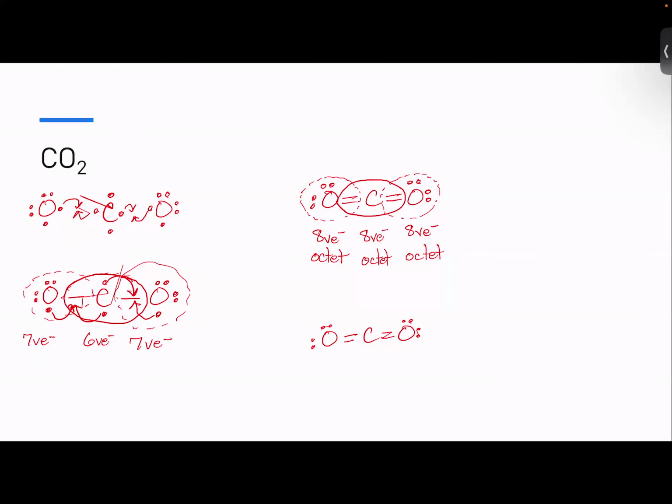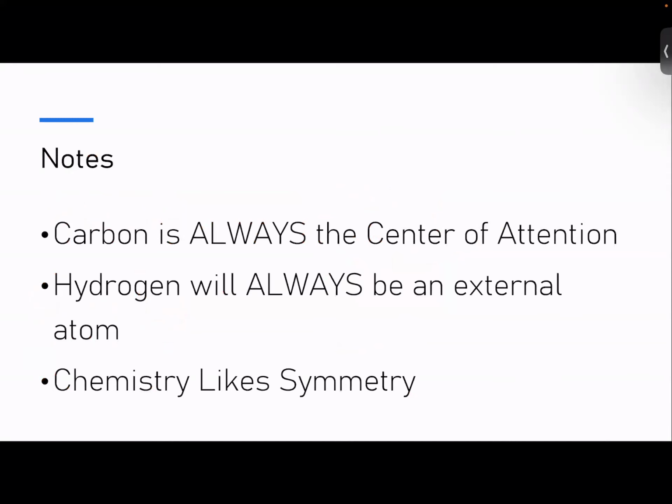So when I put a double bond on the left, and it was insufficient in order to give the carbon an octet, I had to put a double bond on the right, so that there was a double bond on the left and a double bond on the right in order to make this symmetrical. So carbon is always the center of attention. Hydrogen will always be an external atom, and chemistry likes symmetry.